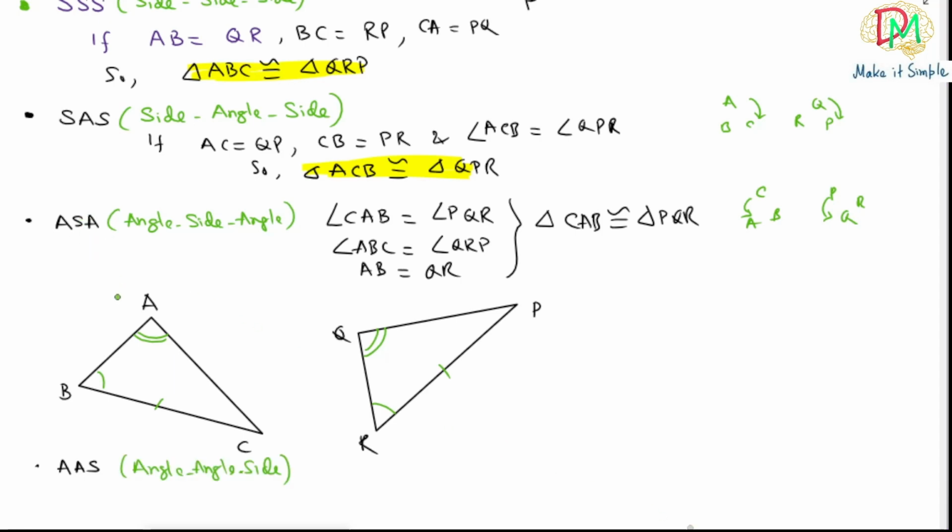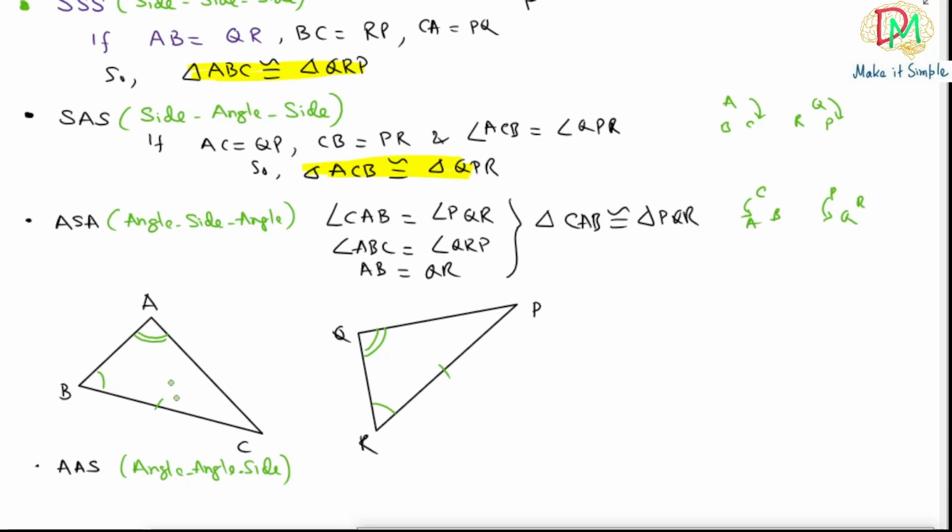What is the difference between the angle side angle and angle angle side rules? The basic difference is, here we consider the included side between the two angles, but here we consider the side which is not included between the two angles.